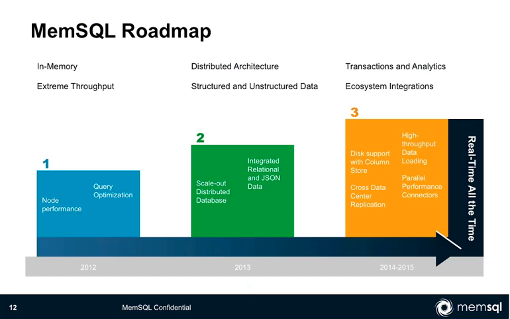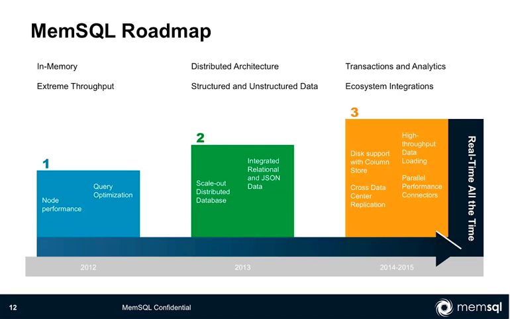We've been working hard at MemSQL since 2012, when the first version of our database was introduced, initially focused on in-memory and extreme throughput, optimizing SQL queries to guarantee peak performance. Version 2 of our product expanded on that vision and included scale-out capabilities, so we got to a true distributed database, allowing our customers to grow while staying online.